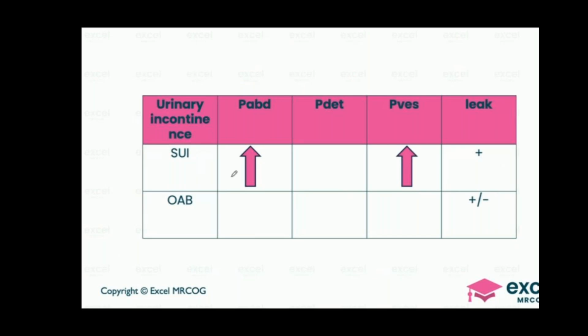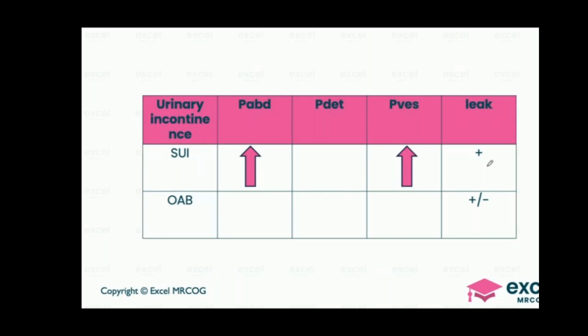When you cough, your abdominal pressure will obviously rise. P ves will rise because the poor bladder is in the abdomen. So when the abdominal pressure is rising and the vesical pressure is rising, you will have leaking if the continence system of the bladder is not intact.